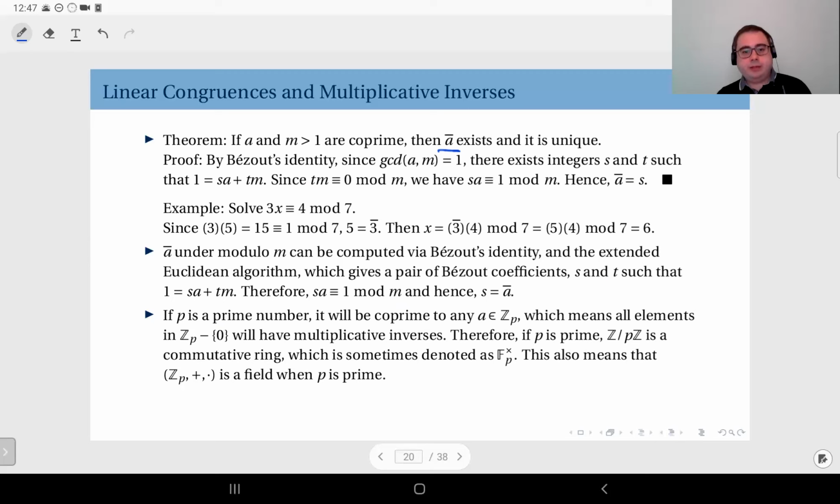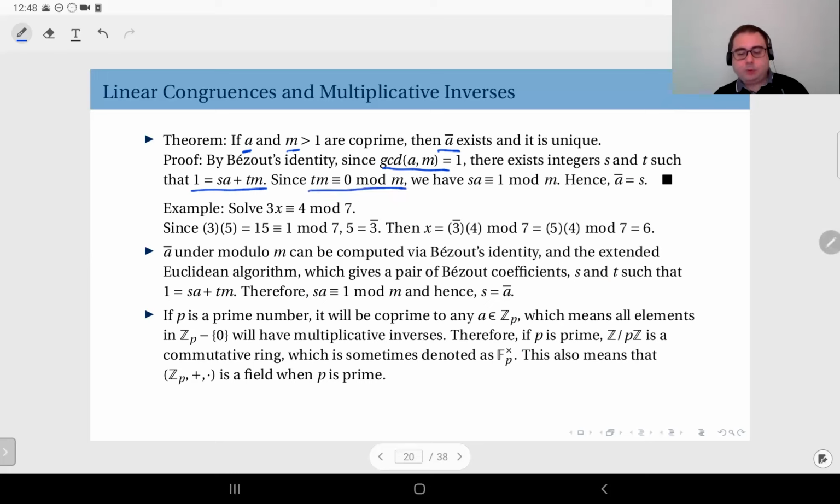Again, the proof is by Bezout's identity. Since A and M are co-prime, their GCD is 1, so there exist integers S and T, the Bezout coefficients, such that 1 equals S times A plus T times M.